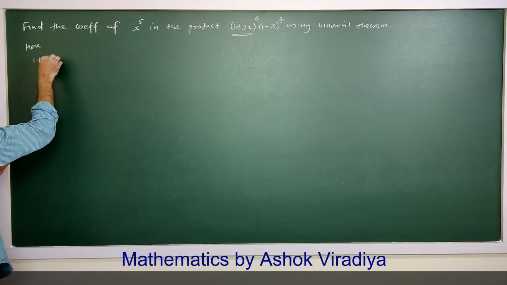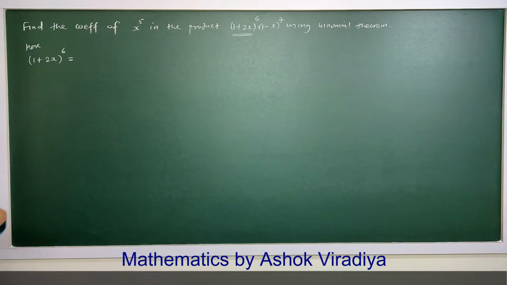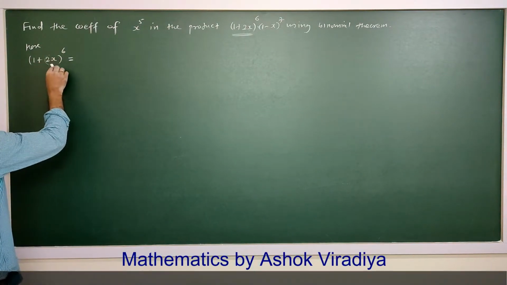(1 + 2x) raised to 6 equals, so here applying the formula for (1 + x) raised to n. Suppose this is x.